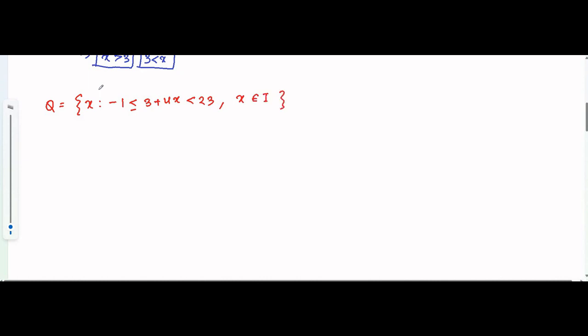Now this inequation again has two parts. The first part is minus 1 lesser than equal to 4x plus 3, and the second part is 4x plus 3 is lesser than 23. So we have to solve them individually.